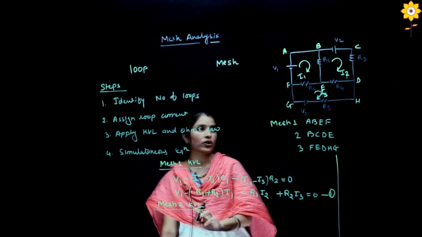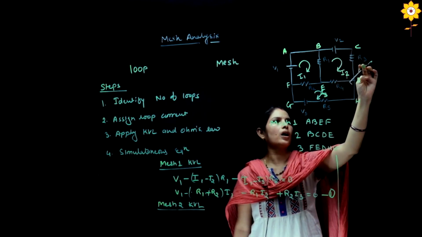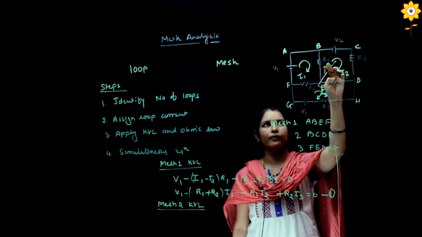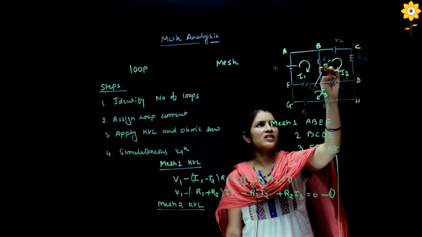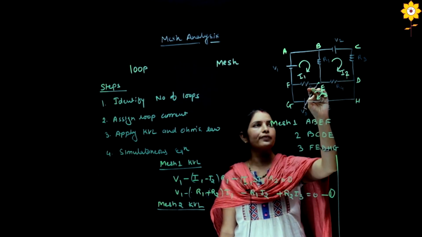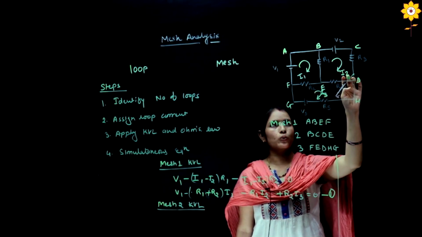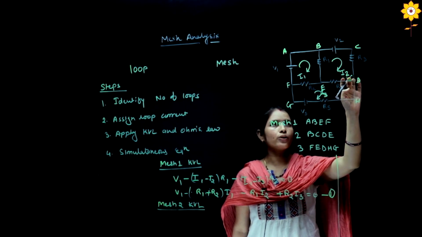Now again on mesh 2 we will apply KVL. Mesh 2 consists of V2, R3, R4 and R1. In the resistance R1, we have two different currents I2 and I1. As we are writing the equation for mesh 2, we will be considering the current direction of I2 only.